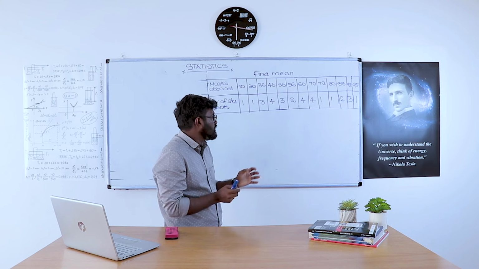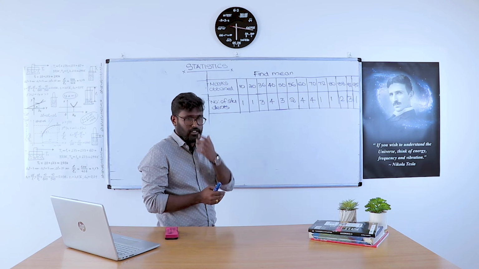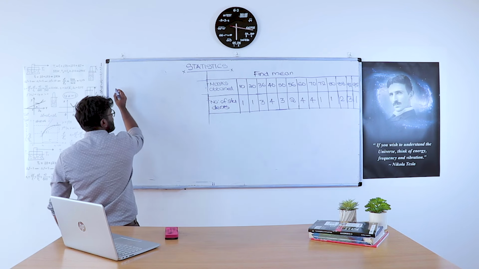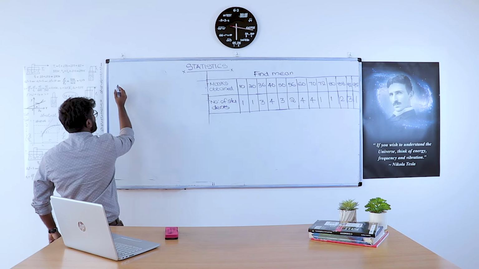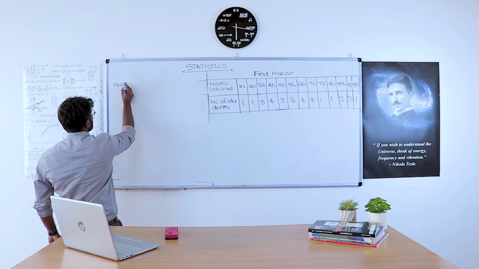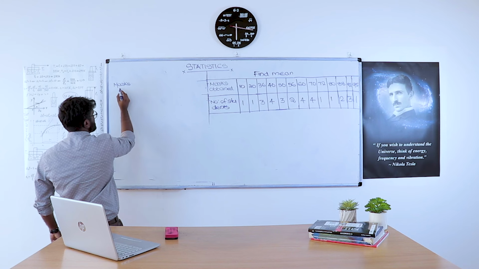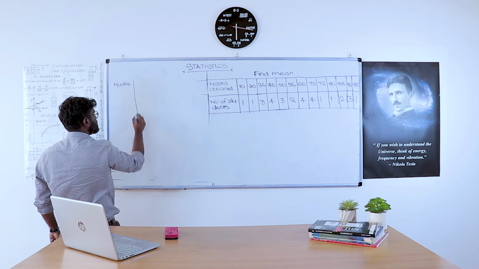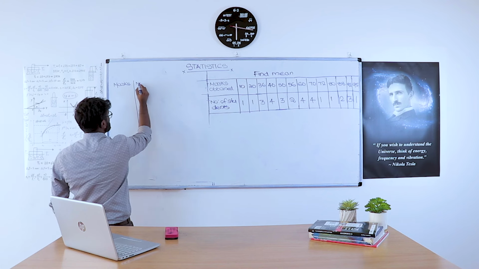So first of all, how will you find the mean using a simple method? Using a simple method we can calculate the mean. Write this: marks obtained, that is marks, then number of students.